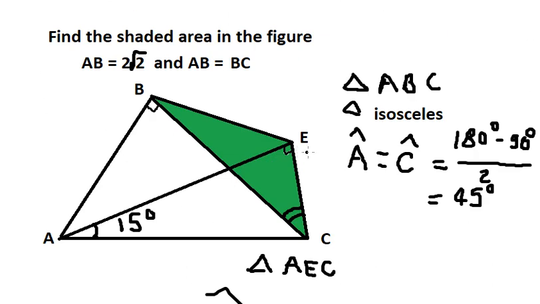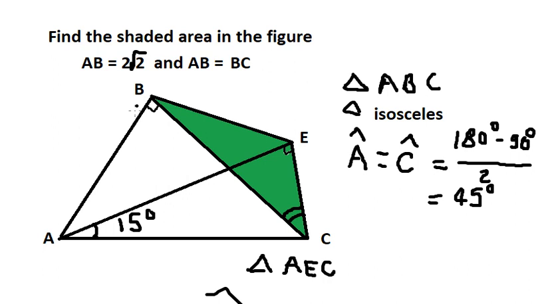Now let's find the side EC in here. So in triangle AEC, we know that we have 15 degrees. We can find the value of AC in here. AC is in this triangle ABC.